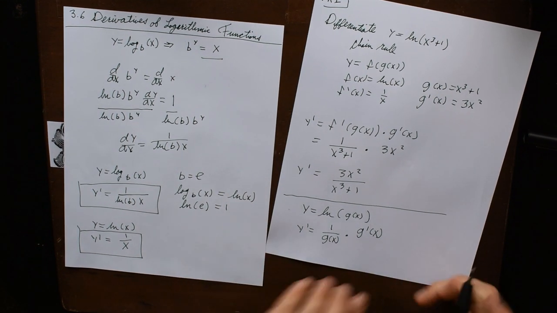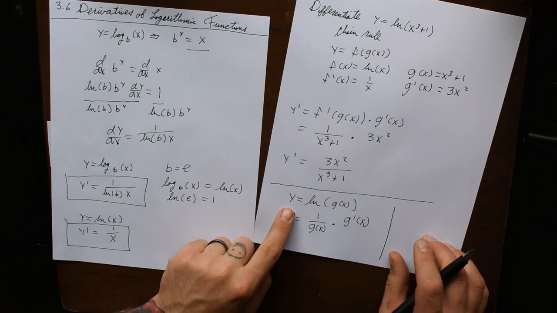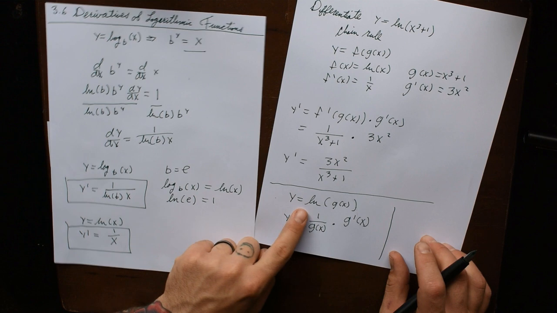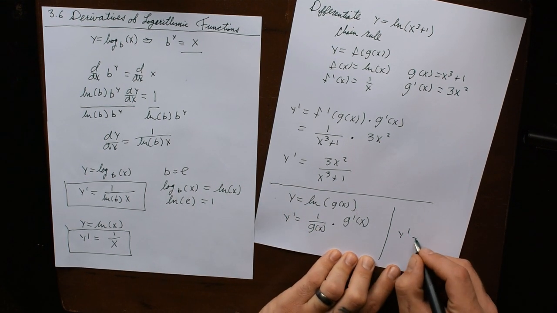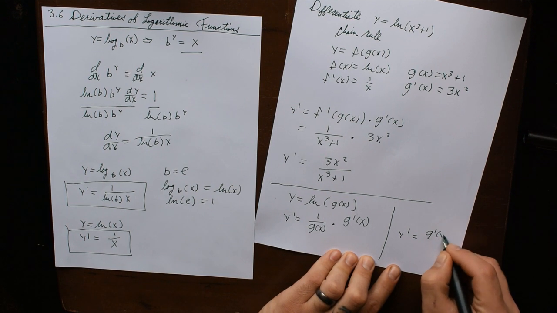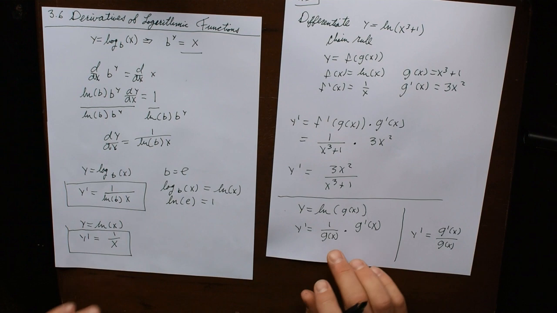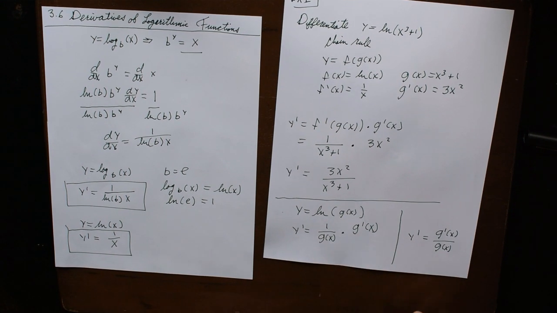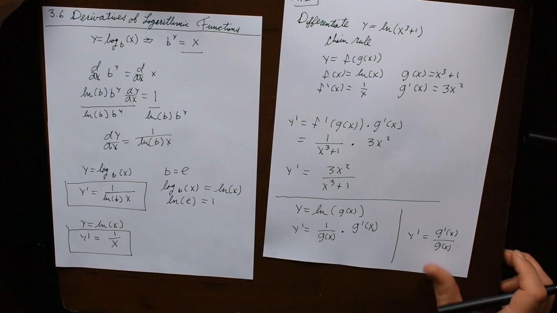Or we could condense this down and say that if y equals the natural log of g of x, then y prime is equal to g prime of x divided by g of x. So, a special case of what we've done over here involving the chain rule.